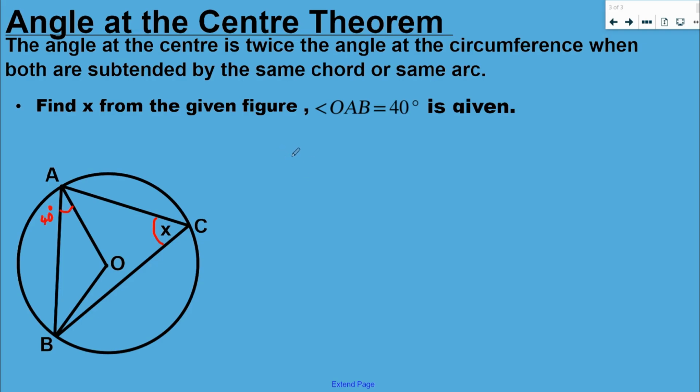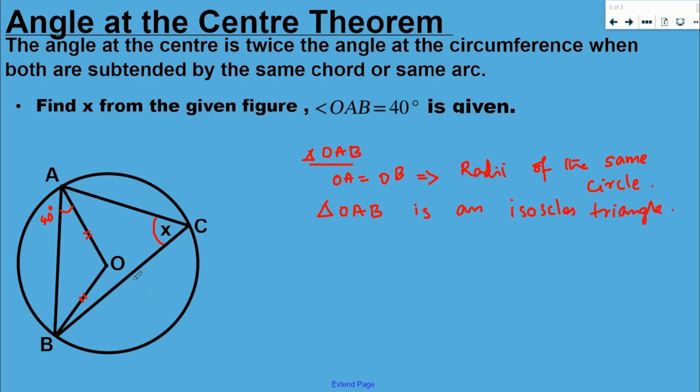If we consider triangle OAB, we can write OA is equal to OB, that is, radii of the same circle. Since they are radii of the same circle, these two are equal. So triangle OAB is an isosceles triangle. What is the property of an isosceles triangle?